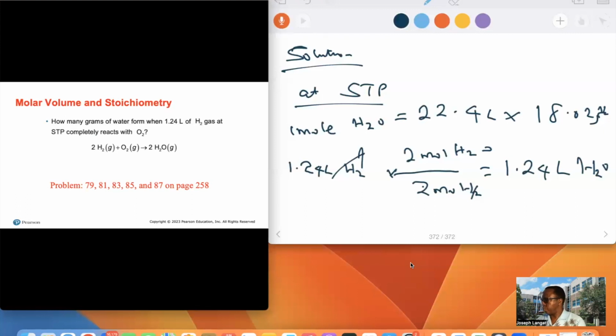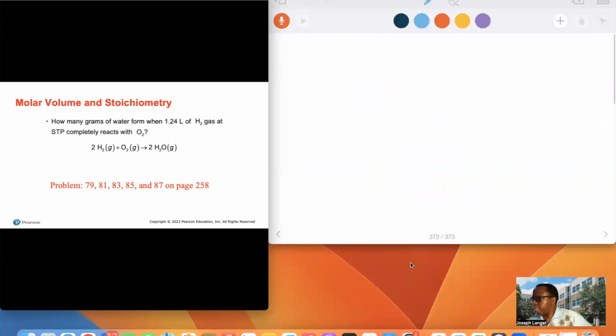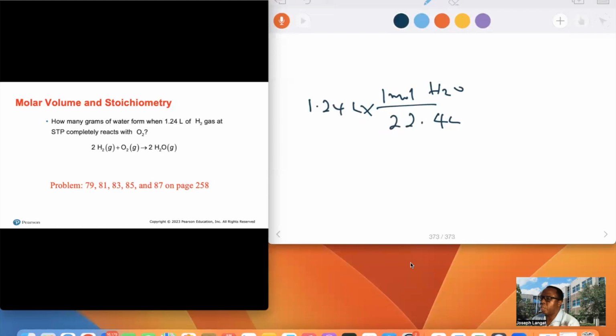Therefore, once we know the liters, we multiply by 1 mole of H2O per 22.4 liters, times 18 grams per mole of H2O.